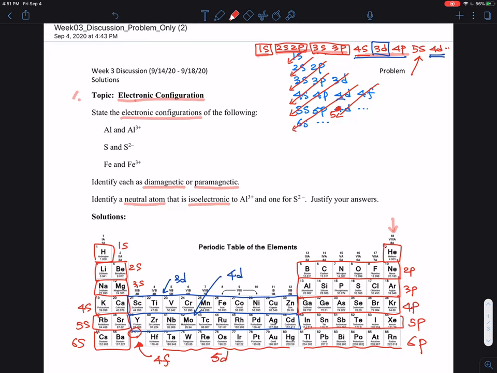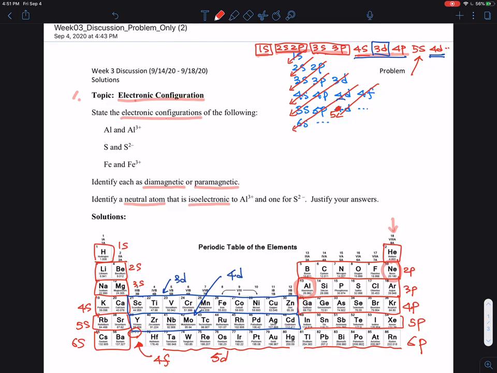This is a little more background that I probably need to cover. Aluminum here is number 13, so it has 13 electrons.